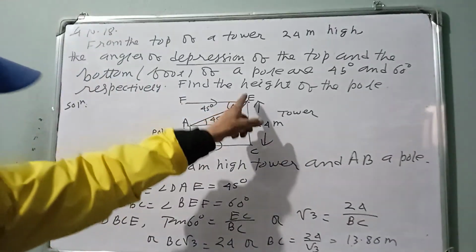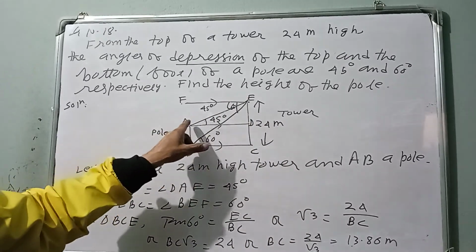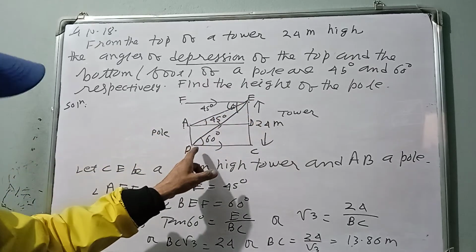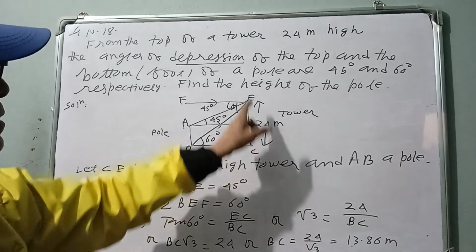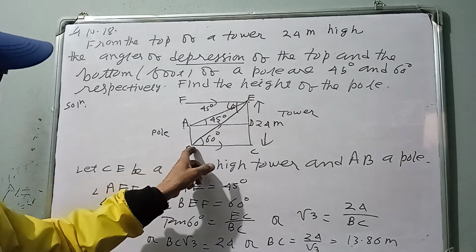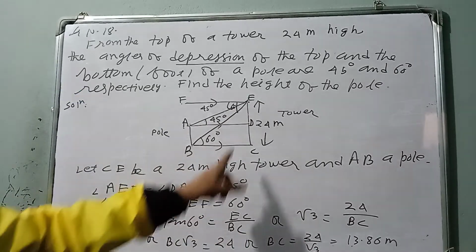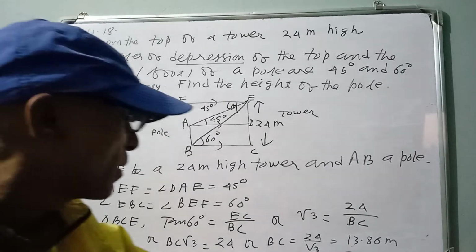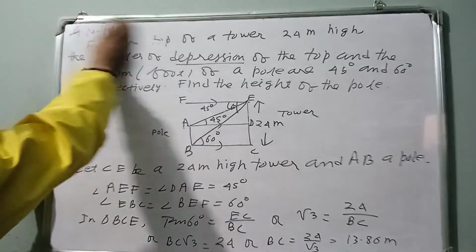Again, top of a tower 24. Pole AB. Angle of depression at the top A 45. Angle of depression at the foot 60 degree given in triangle BCE. Take tan 60 degree equal EC by BC. Tan 60 degree root 3 equal 24 by BC. Here cross multiply. Find the value of BC as 13.86.